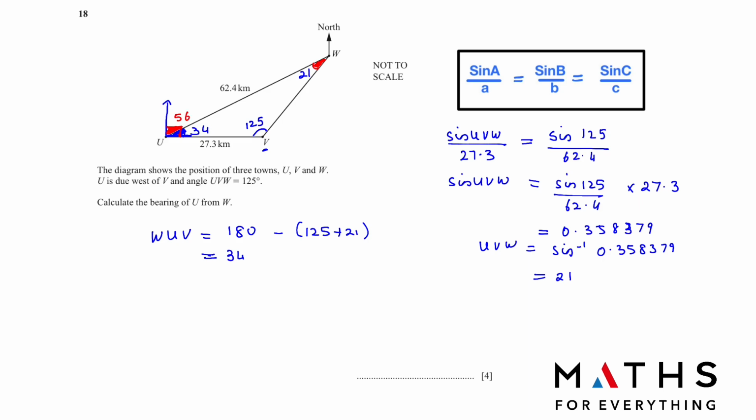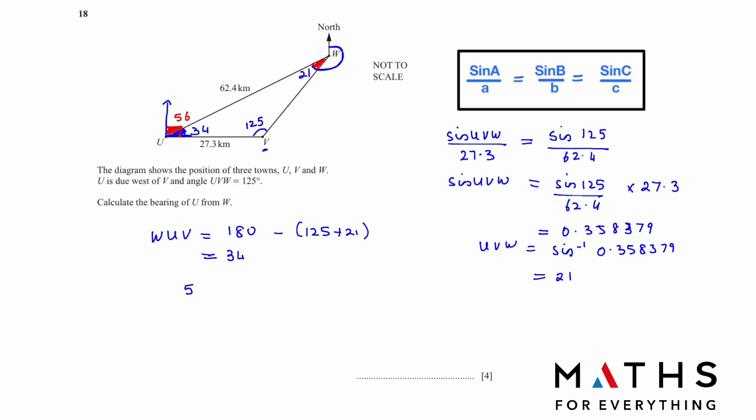We got this. Now, what are they asking? The bearing of U from V. That means they want this whole thing. This is a very good thing to remember, that if you have the inside angle and you want to find the bearing of the opposite side, right? The outside one.